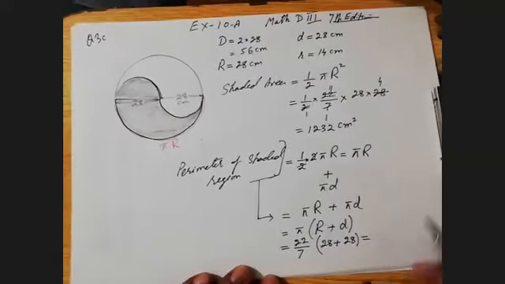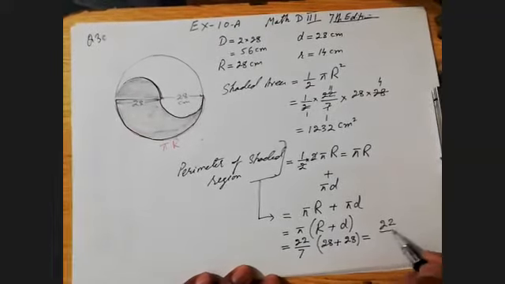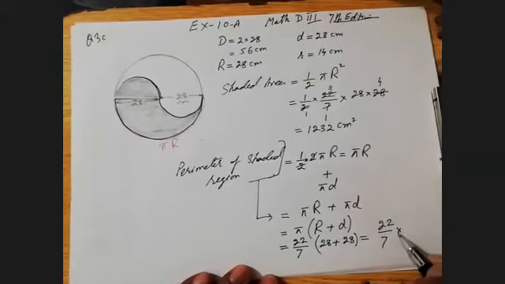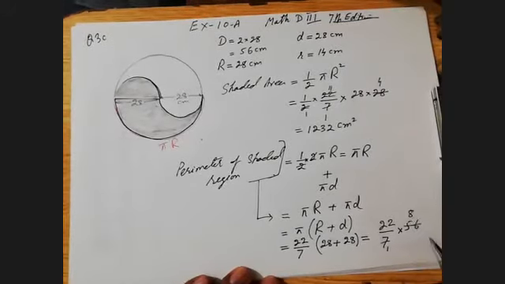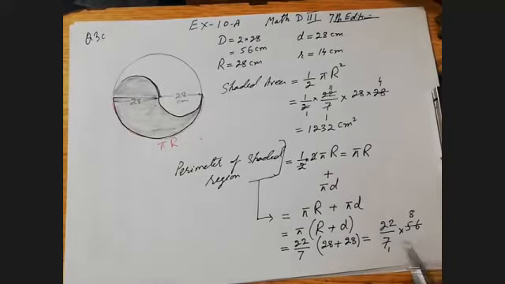So here you can write down 22 over 7 into 56. 7 ones are 7, 7 eights are 56. So you can write down what is the answer.